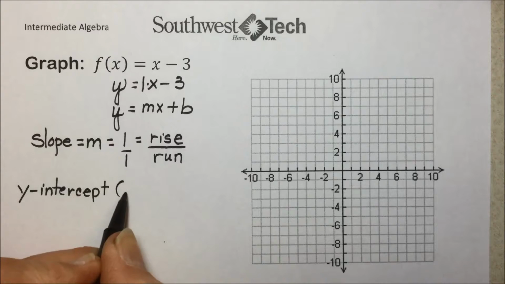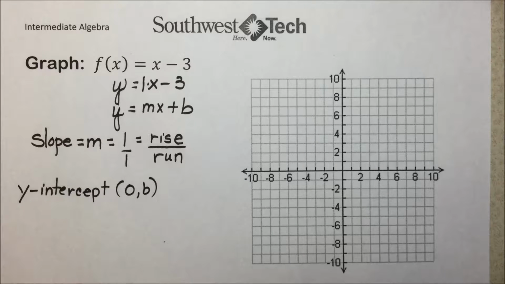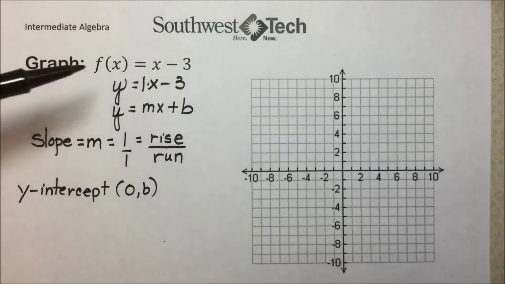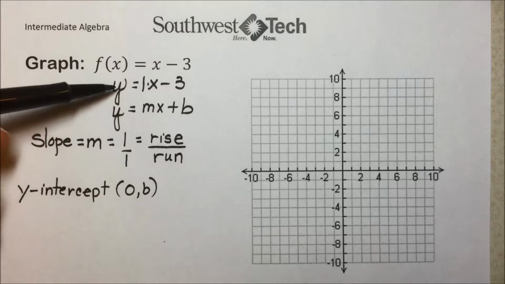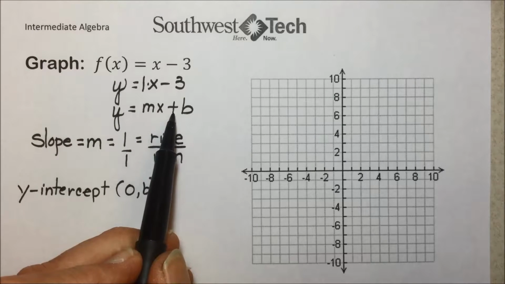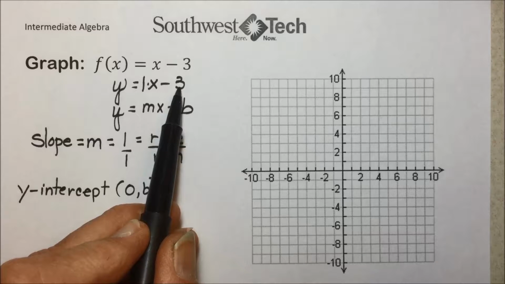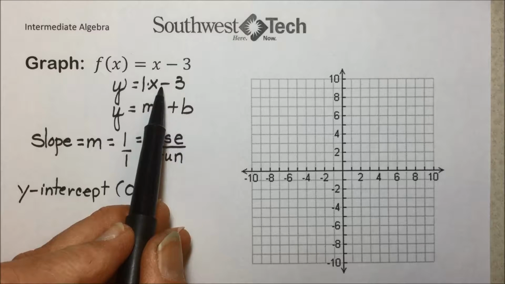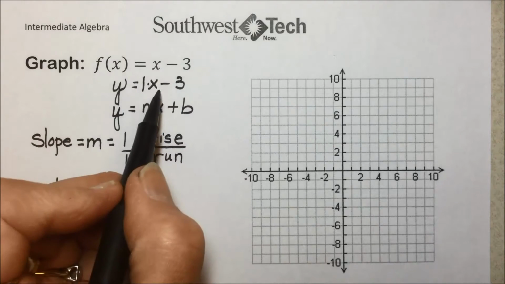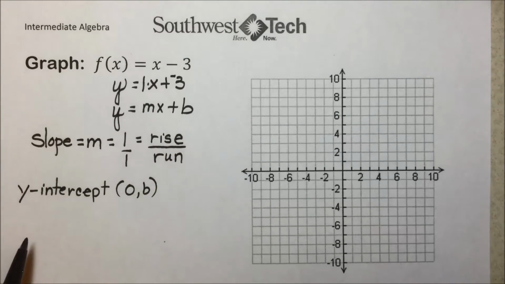The y-intercept, when an equation is in standard form, has the coordinates (0, b). We have a little bit of a problem when we compare our given equation to the standard form. It should be of the form plus b, and we have a subtraction. Using the definition of subtraction, we can change a subtraction into plus a negative.